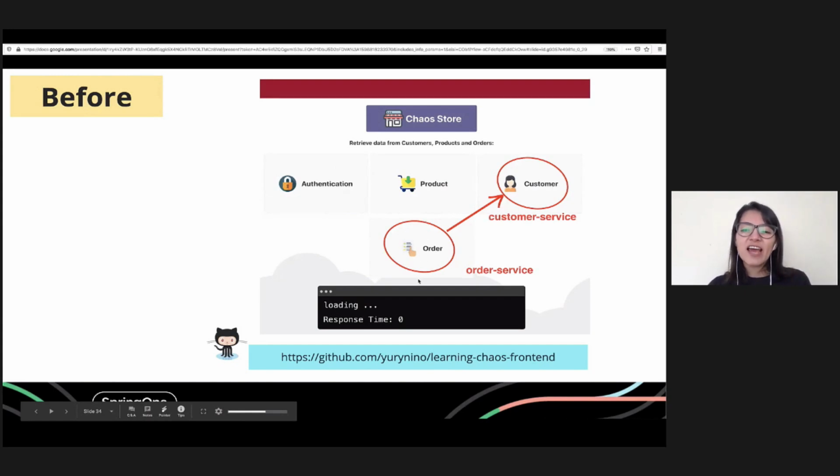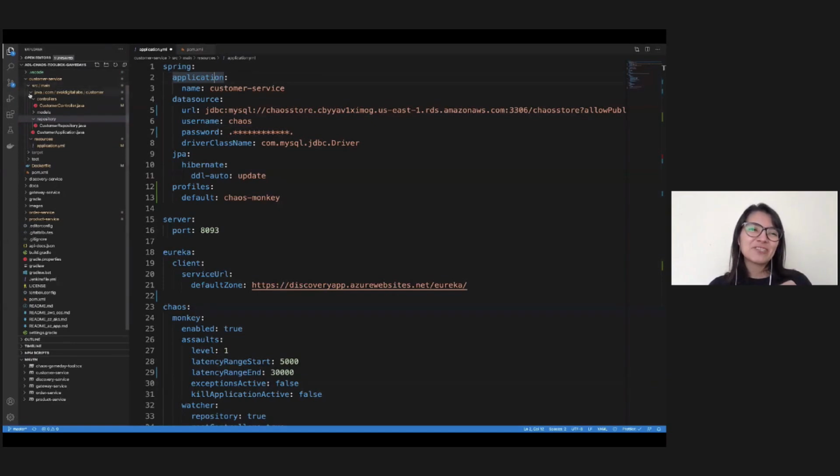We have the order div connected to the order service, and when you click the div, this frontend shows us the response and the time consumed by the request. The code for this frontend is available in this GitHub repository.